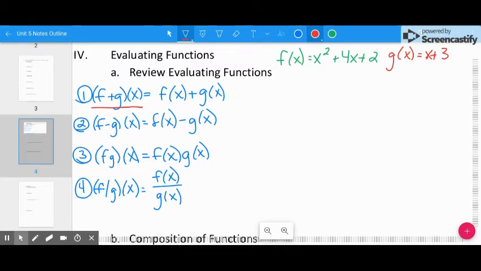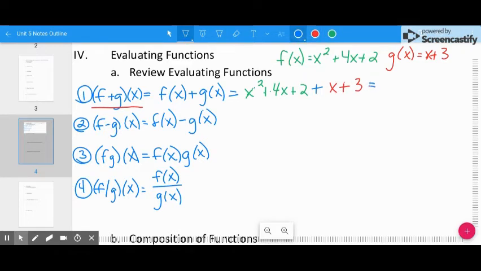And what that's basically saying is add the 2 functions together. So if we rewrite this, f of x plus g of x, I'm going to take the function f of x, which is x squared plus 4x plus 2, and add to it the function g of x, which is x plus 3.